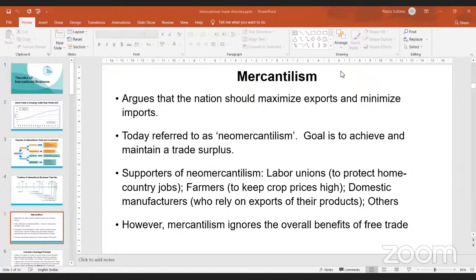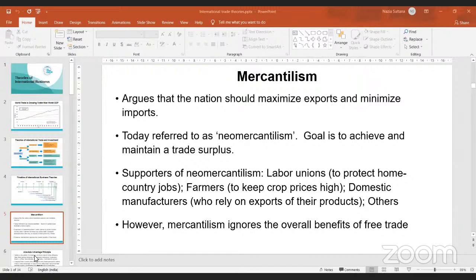At the ground level you can say okay, because it is saying export and import, but at a higher level this theory is no more applicable as such. So this is the first theory in international trade.